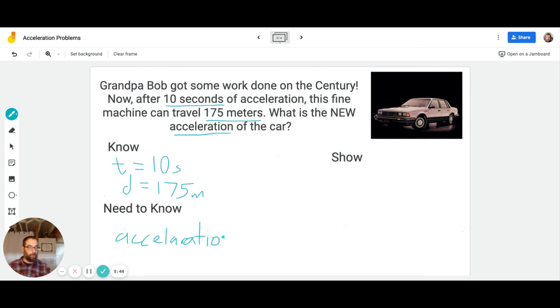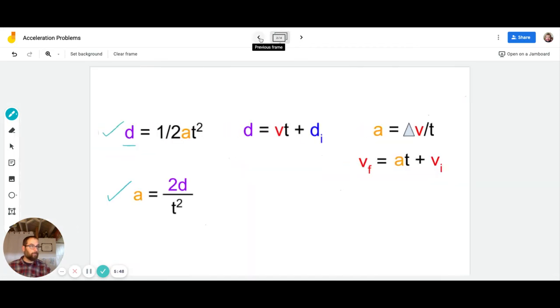Let's go back to our equations and look for the one with acceleration on the left. Okay, here we go. Acceleration equals twice the distance divided by the time squared. Now, this one has acceleration on the left too, but we don't know a velocity. So this tells us that this is the equation that we're going to use.